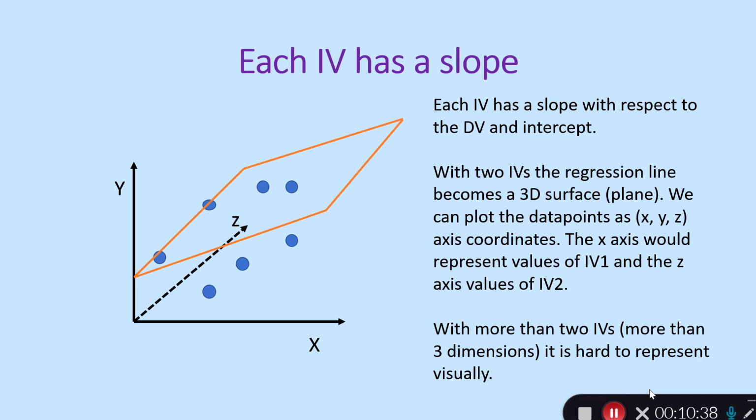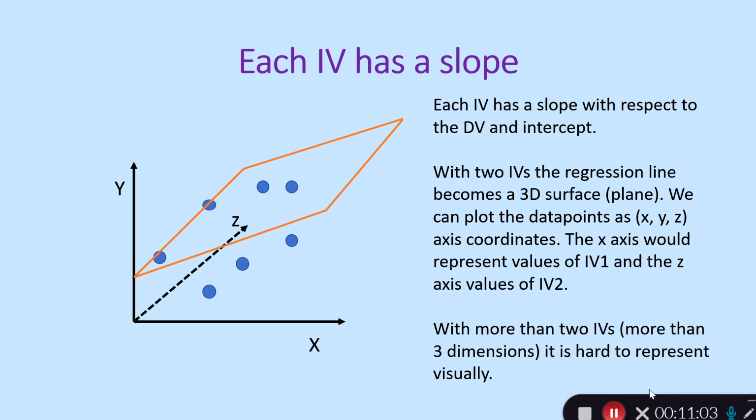And what this does to our fitted regression line is it turns it into a 3D surface or plane, as I've tried to represent here in this image. So if it was two-dimensional, we'd just have one straight orange line to represent our regression line.